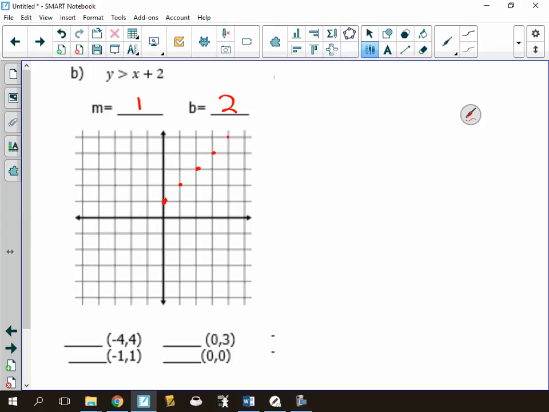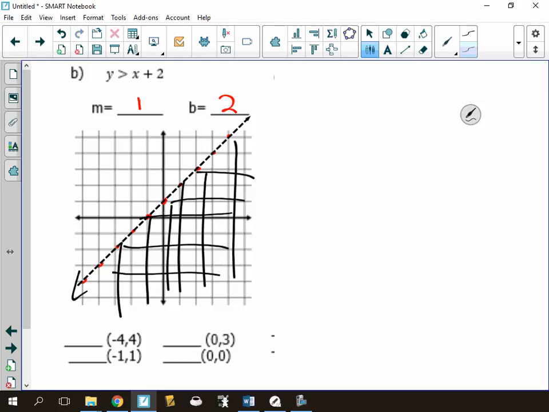But we are not going to draw a solid line because the equation is not y is greater than x plus 2. It's greater than or equal to. So instead, we will draw in a dashed line. And y is less than, so we will shade everything below the line.